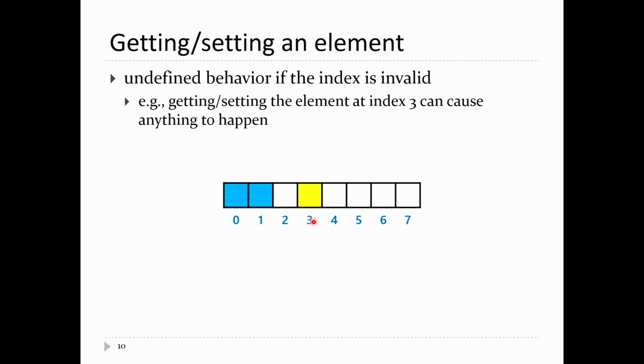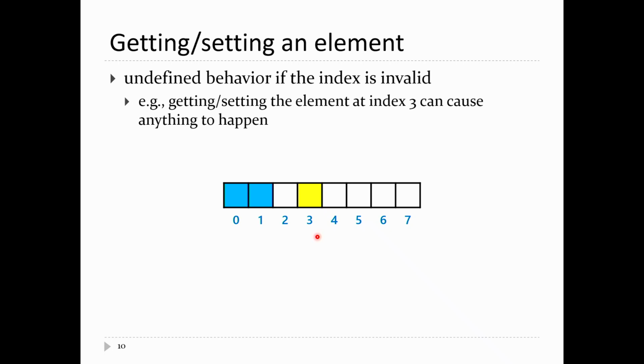Now, it's undefined behavior if you try to get or set an element with an invalid index. So even though this is an array-based list and you can access the array element at index 3, if you try to do this with a list, you get undefined behavior. If you get the value from that index, something bad might happen.